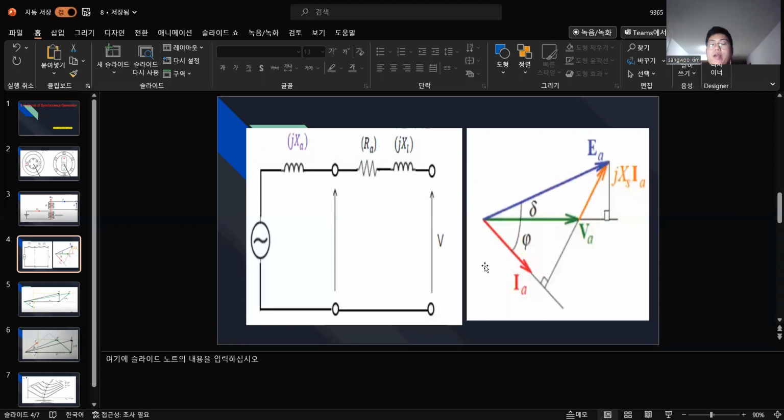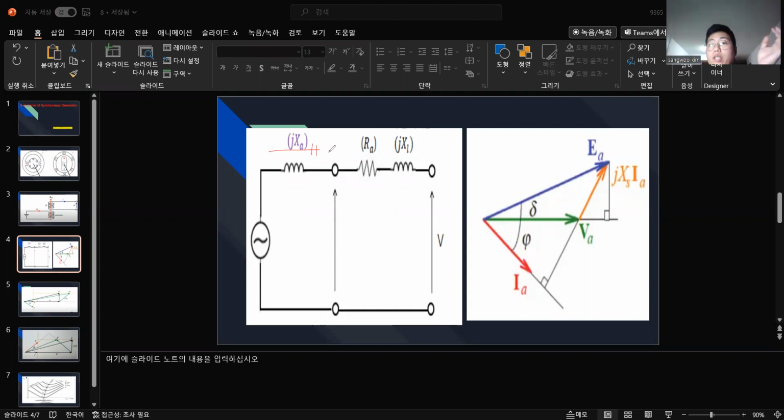And here is the equivalent circuit. We have to know how to draw it. Now you don't need to, but first, this is armature reaction. Later we will learn, okay, don't worry about it.